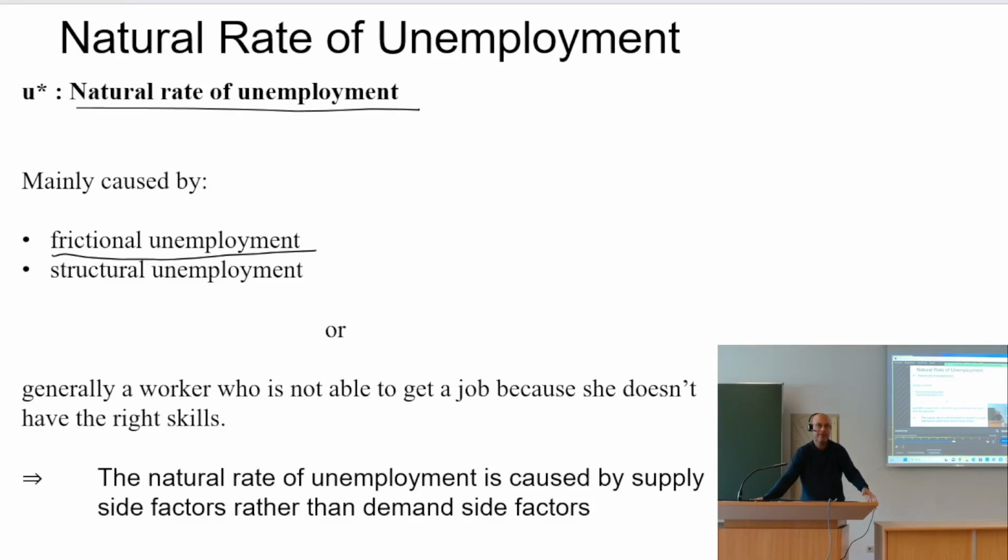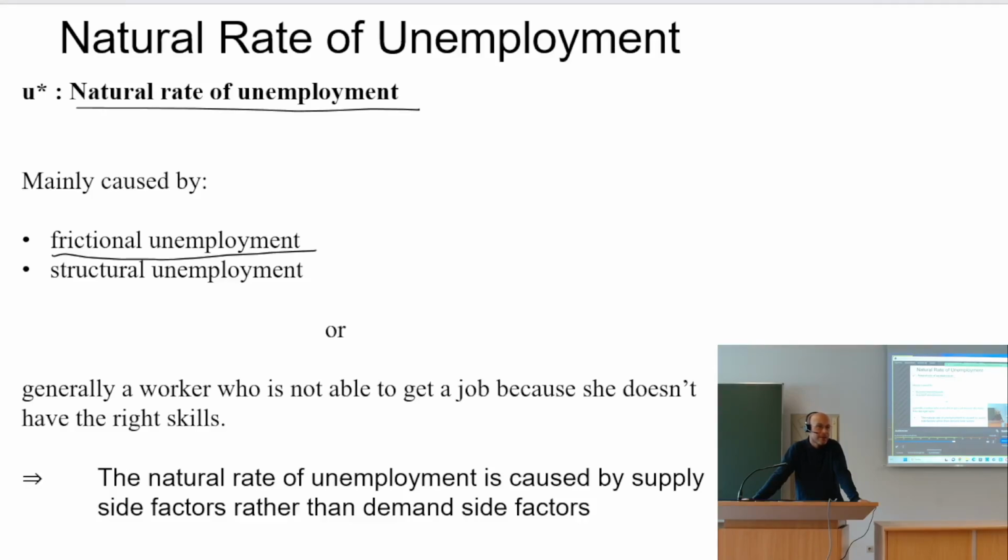And then if we take the circumstances in which the economy is growing, we have the so-called structural unemployment. This is maybe when the people in your economy do not have the right education for the production process.